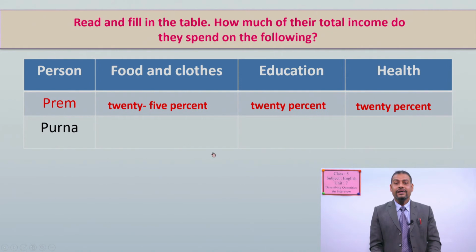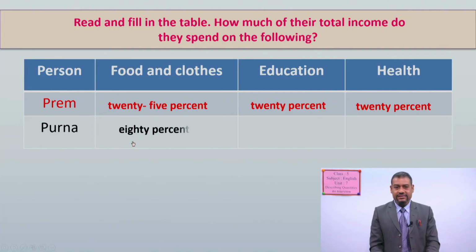Now like this you have to find out Puna's expenses: how much he spends on food and clothes, how much he spends on education, how much he spends on health. I hope you might have already filled the table. Now you check with me. See, he spends 80% on food and clothes.